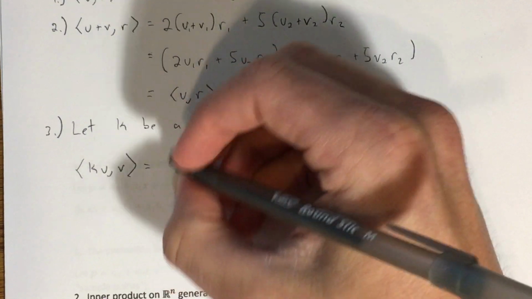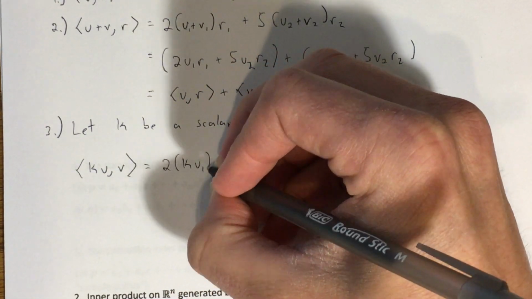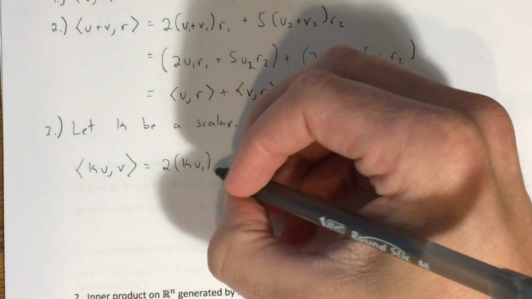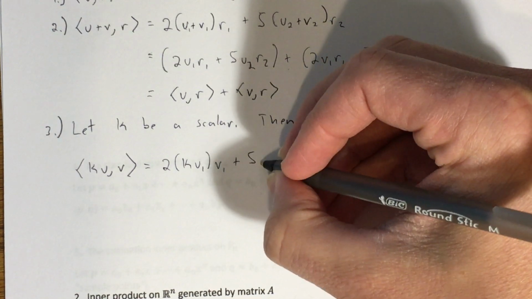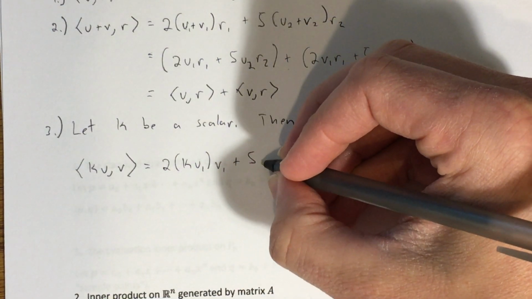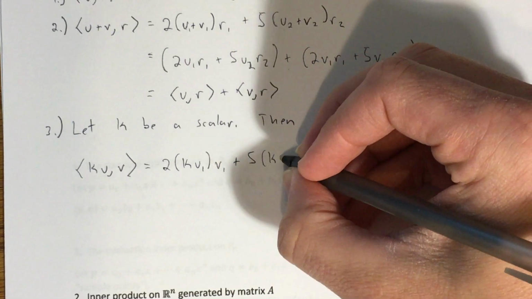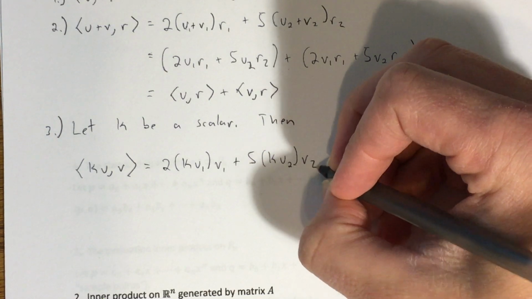So this would be equal to 2 times KU1, that would be the first component of KU, times V1, plus 5 times the second component of U after multiplying by K, which would be KU2, times V2.